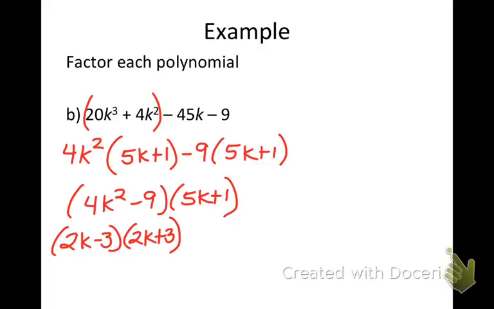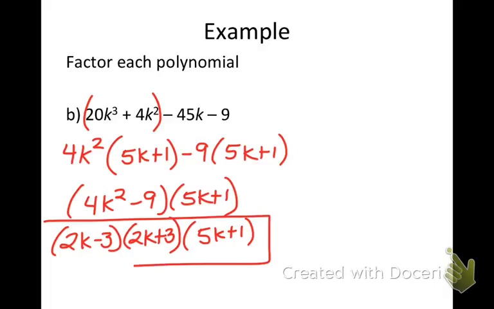Bring down your 5k plus 1, because is that a difference of squares, sum of cubes, or difference of cubes? No. So that comes down into our answer. So that is your final answer. If you stop here, you're not going to get full credit because you did not completely factor it. So that's why you should always ask yourself, the binomials that I'm left with, are they any of these special 3? If they are, then you should continue further.